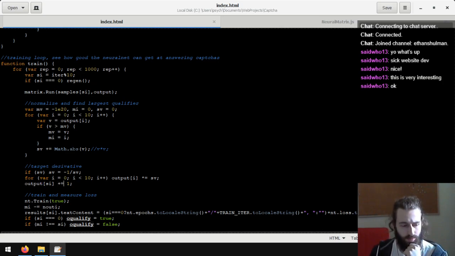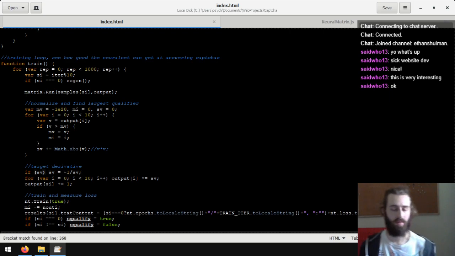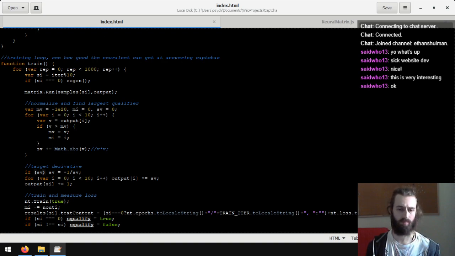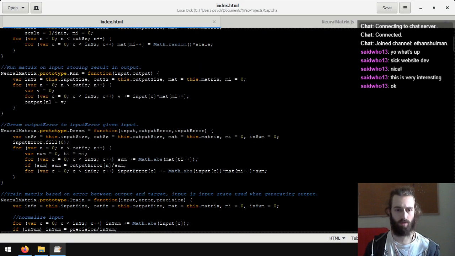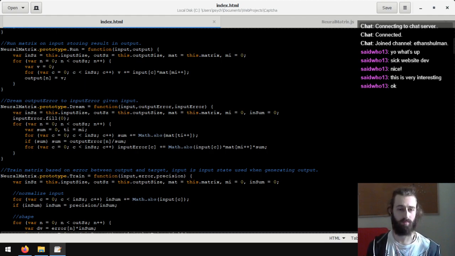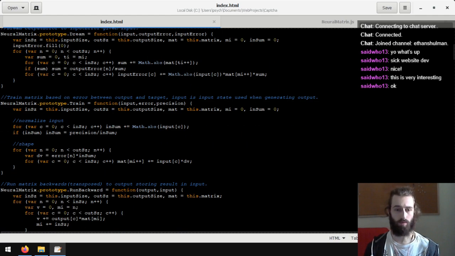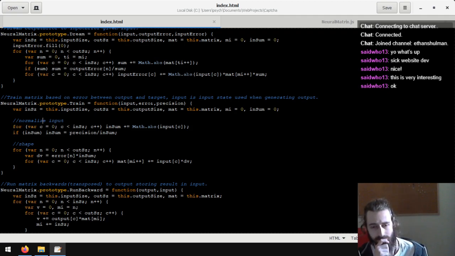Alright, so this is trained to be the target. So this is normalizing it and shifting them to be negative. I actually don't think I want to normalize them though. Do I automatically have normalizing here? Normalize input. InSum plus equals input. So this is normalizing input.